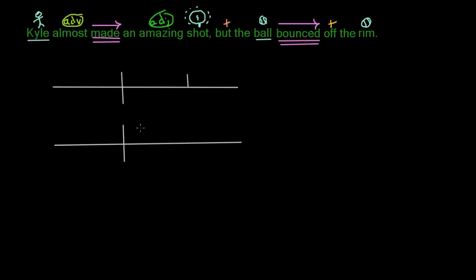Kyle made shot. Our subject in the first clause is Kyle. Our verb is made. And made what? Made the shot.